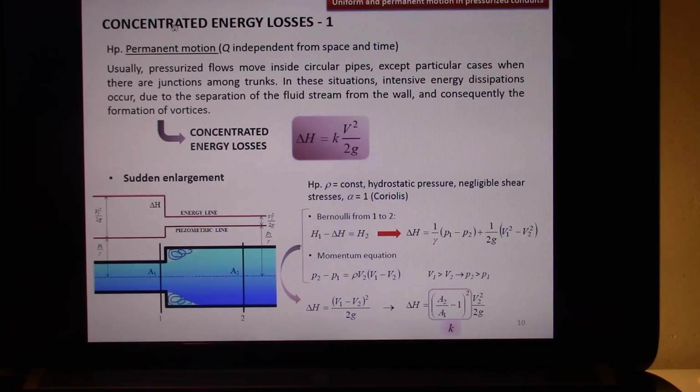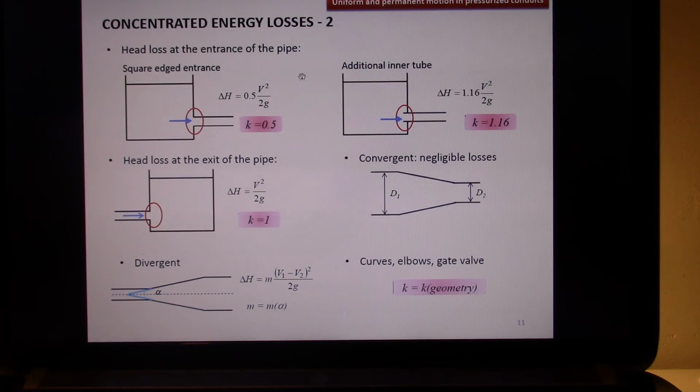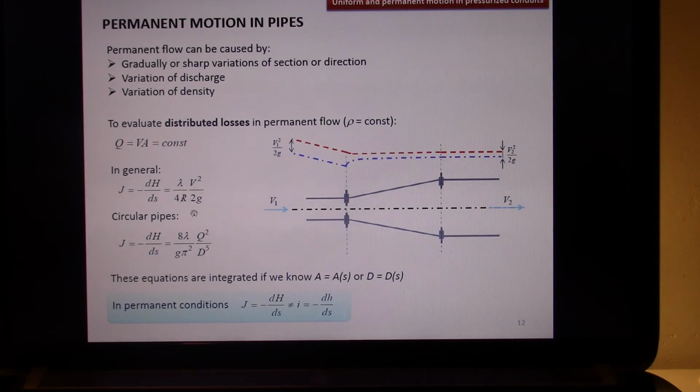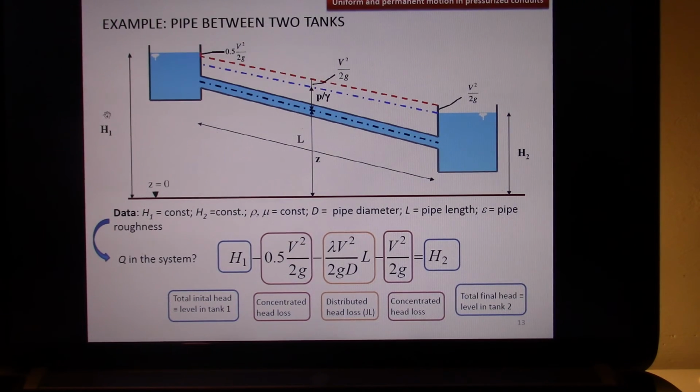Then we concentrated our attention on the evaluation of the concentrated energy losses, and so basically we observed some kinds of concentrated energy losses for sudden enlargement, head loss at the entrance of the pipe and at the exit of the pipe, and when you have a different kind of geometry inside your pipe. Finally, we have seen an example of two tanks linked by a pipe.